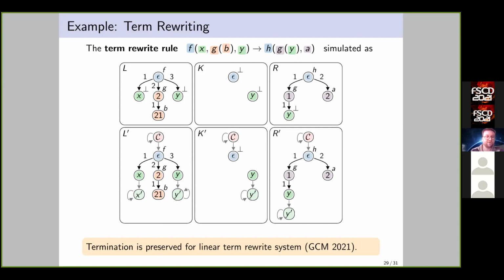One of our future works that we have in mind is also investigating whether these graph path orders can be extended to PBPO Plus, then making use of the knowledge where cycles are allowed and where not. So we hope that this can yield a strong method on this kind of general graph rewrite systems.